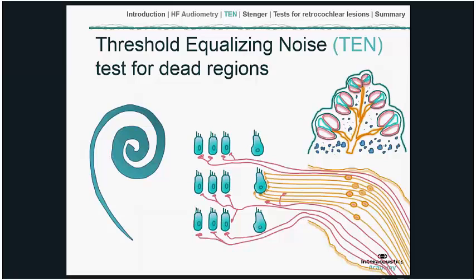So when there's such a region where sound energy, no matter how intense, no matter how much it might be amplified from a hearing aid, cannot be converted into a nerve impulse, then we refer to that region on the basilar membrane as a dead region.